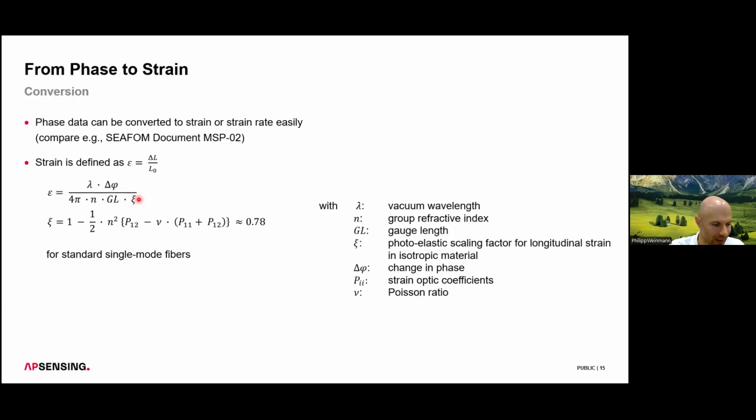Basically, this Xi takes care of the fact that if you stretch the fiber, not only the length changes, but also the refractive index. And because the refractive index changes, you need to consider these strain optic coefficients P, and you also need to consider the Poisson ratio nu here. For typical standard single mode fibers, if you plug in the numbers, then Xi is approximately 0.78.